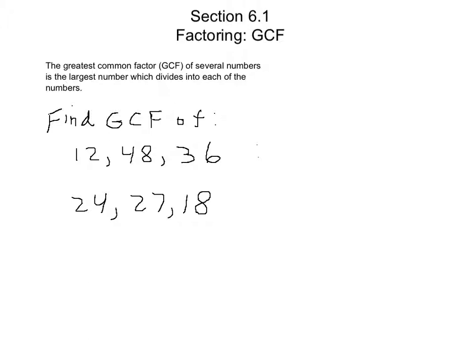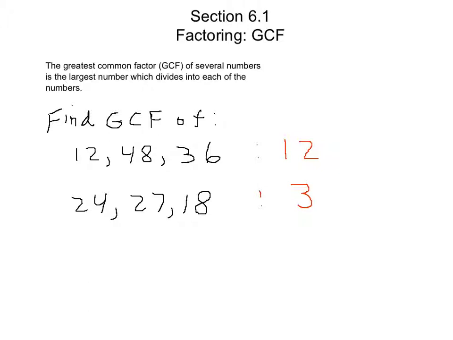And you should be able to realize that the biggest number that goes into 12 and 48 and 36 is 12. How about the next example? What's the biggest number, the GCF, that goes into 24, 27, and 18? If you think about that for a second, it's going to be 3.